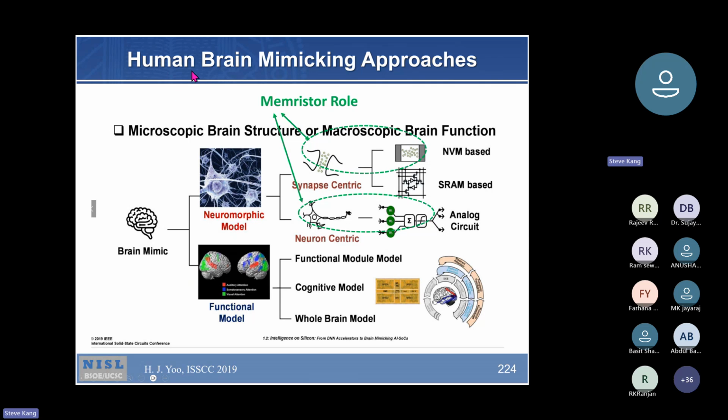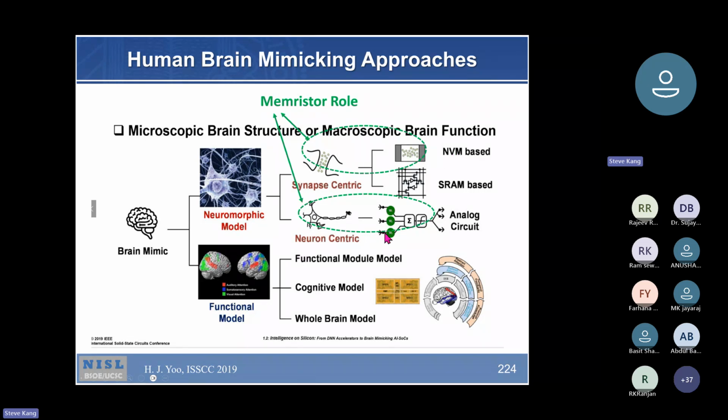So in human brain mimicry, how do you do it? In neuromorphic modeling, the synapse turned out to be mimicked by a memristor. In older days, SRAM was used to have one value and zero value, whereas a non-volatile memory type of thing is a memristor, for instance.